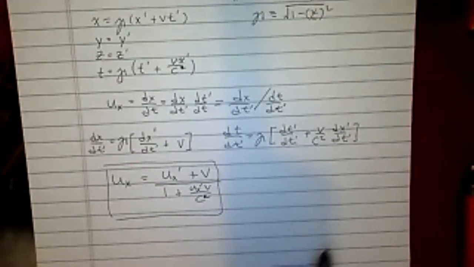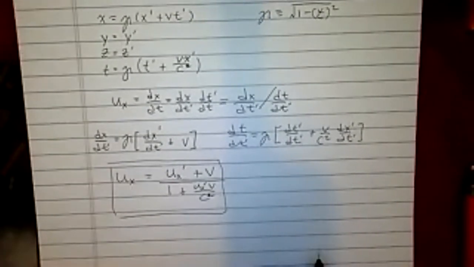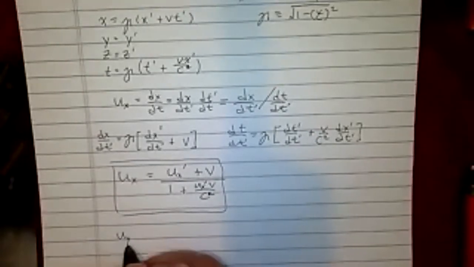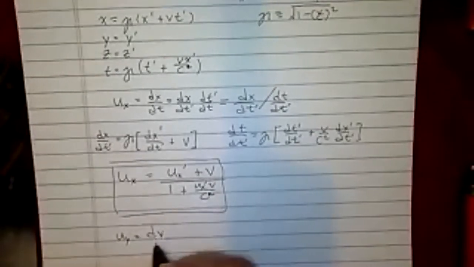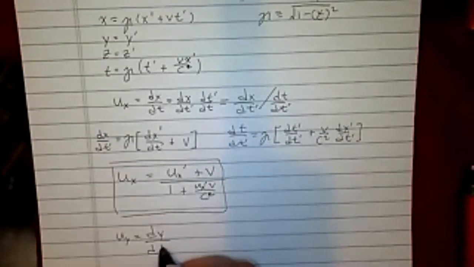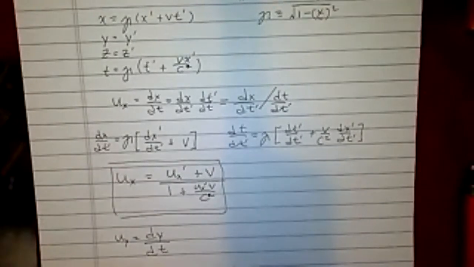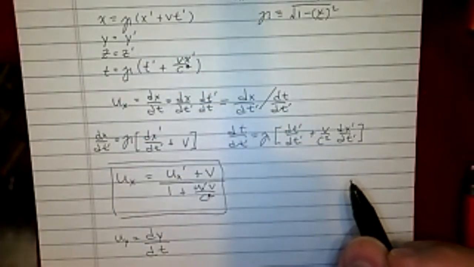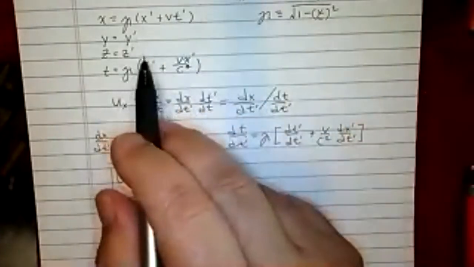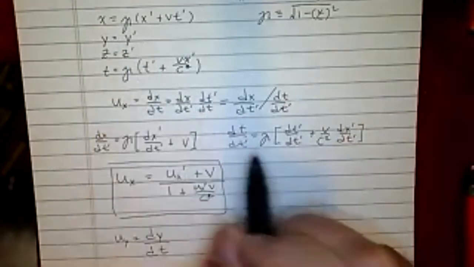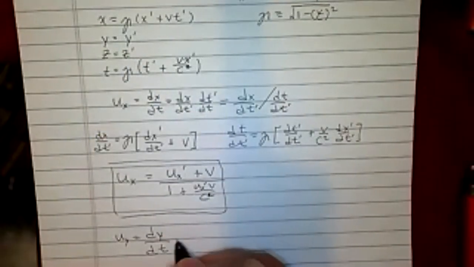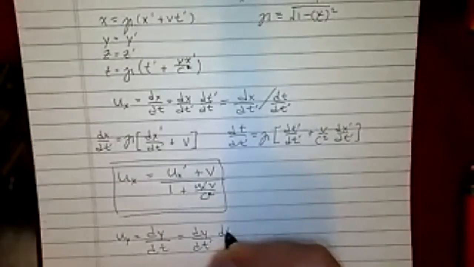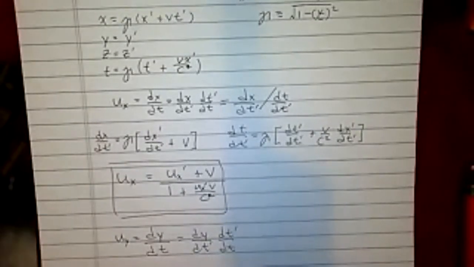That's not all. What if we have, for instance, a velocity in the y direction? So then we have, say, u sub y is equal to dy over dt. But again, we've got y prime, and generally the x's are in terms of primes, so we really want to do that chain rule thing again. We're going to say it's dy over dt prime times dt prime over dt.